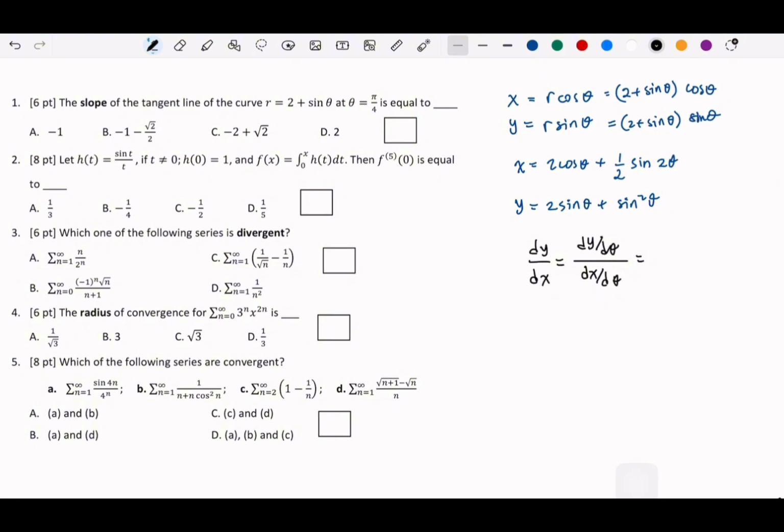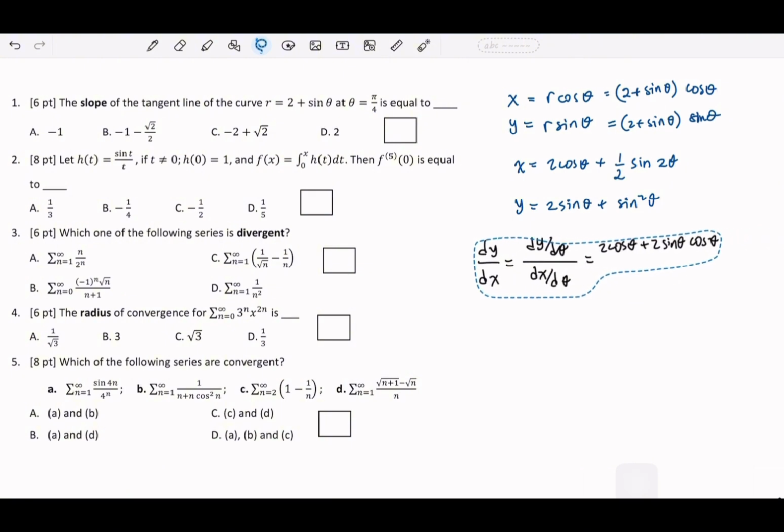So dy will be 2 cosine theta plus 2 sine theta cosine theta, over dx, which will be negative 2 sine theta, and we have a half here.